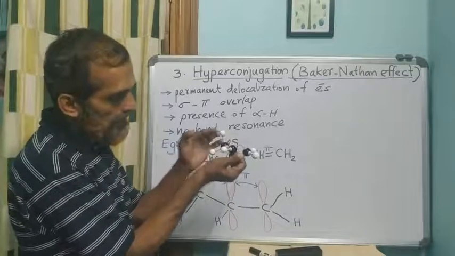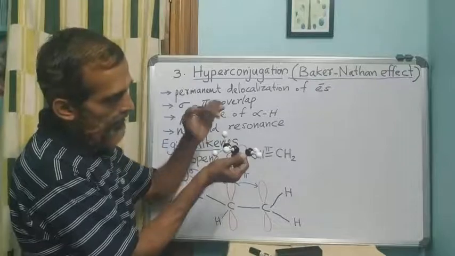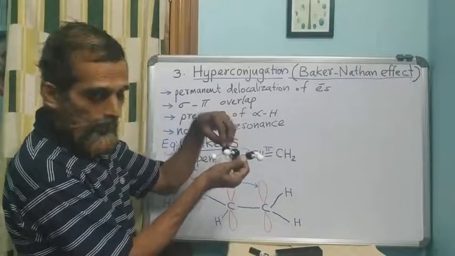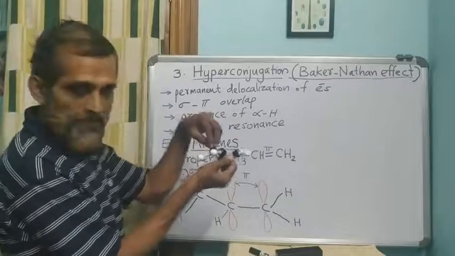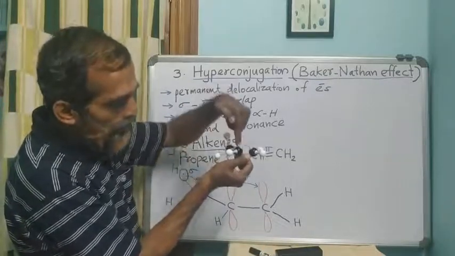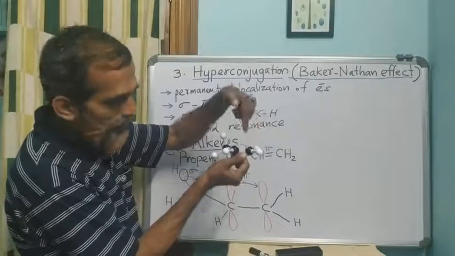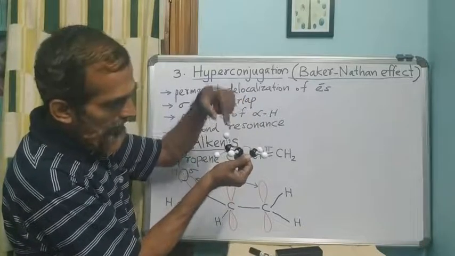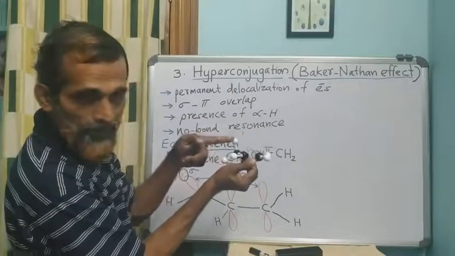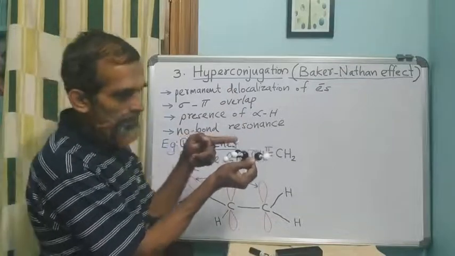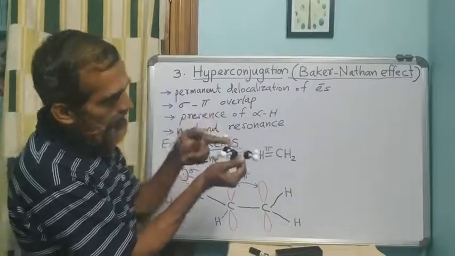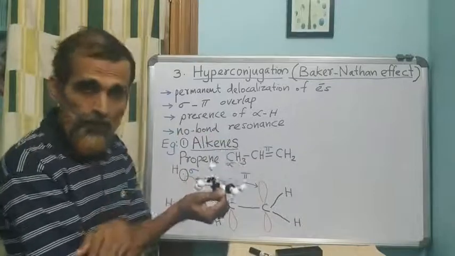If you take one C-H bond which has the sigma orbital here, now this sigma bond or sigma orbital is almost parallel to these two p orbitals, right? They are almost parallel, so they can overlap. It's not very effective, but there is lateral overlapping possible.